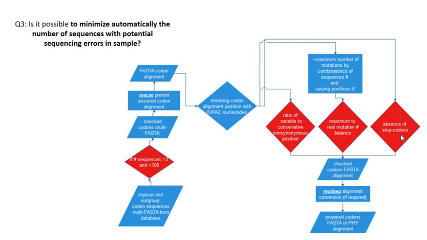The checkpoints are colored by red rectangles on this slide. They find sequencing artifacts such as stop codons inserted in the middle of the protein or of codon sequences, or multiple sequence-specific missense mutations, or, for example, an outlier sequence containing the maximum number of substitutions.